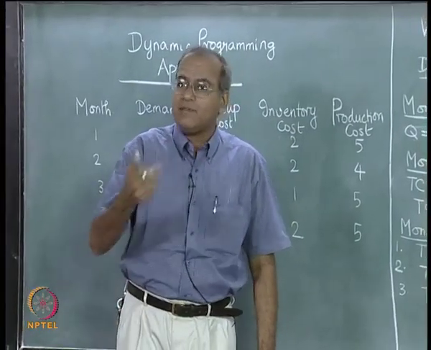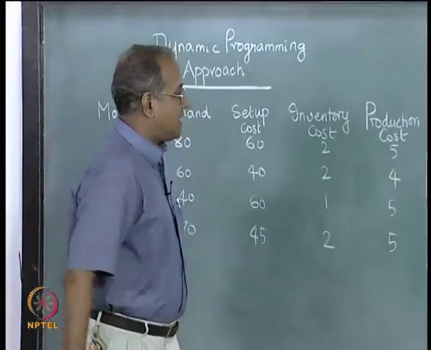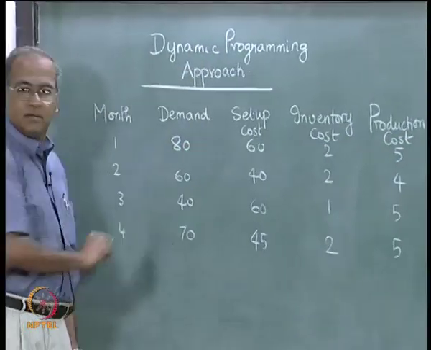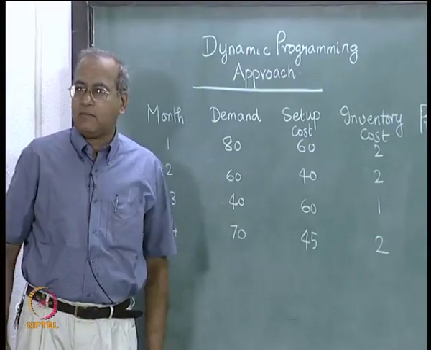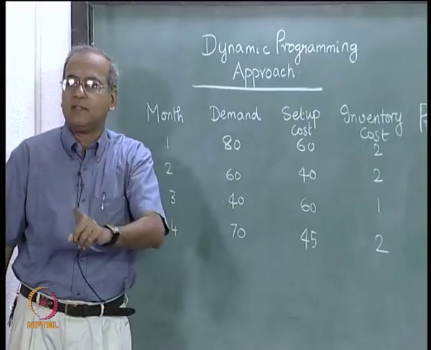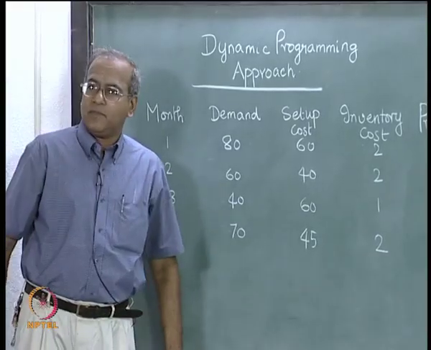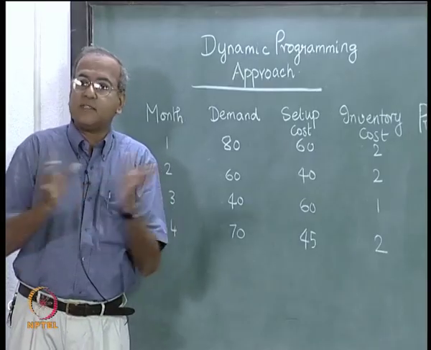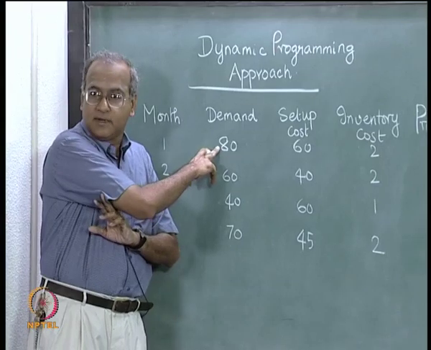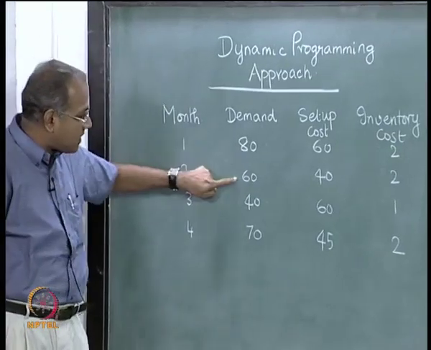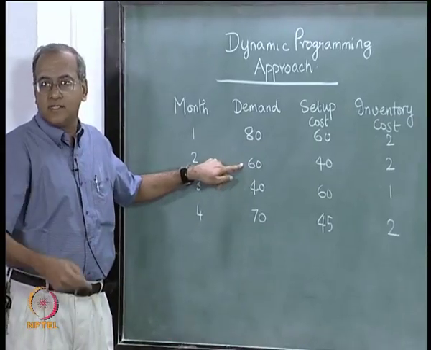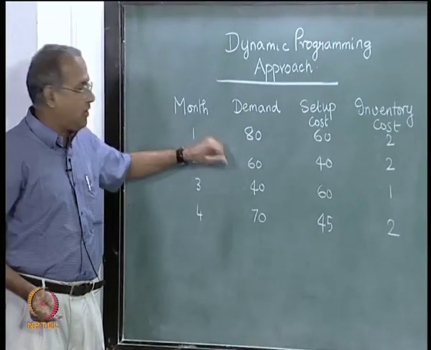See, when we did not allow backordering, there was no beginning inventory, so the demand of the first month had to be met in the first month itself. We did not consider a situation where the first month's demand was met out of producing 140 here. If backordering were allowed, then such a possibility exists. I do not produce anything here.